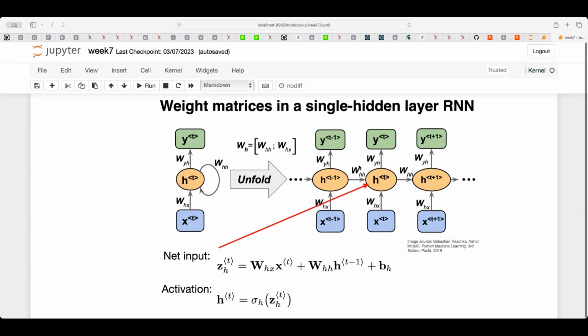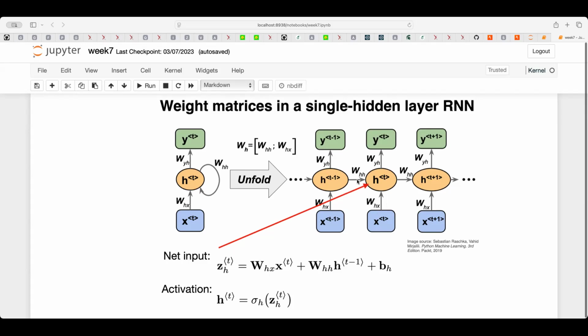Now, one of the things we also discussed last week was the problem with exploding gradients, which we are coming back to, and vanishing gradients. Particularly this WHH is one of these sets of parameters which can lead to exploding gradients. But in general, the input to an activation function for the hidden layer would be this WHX, which connects this part.